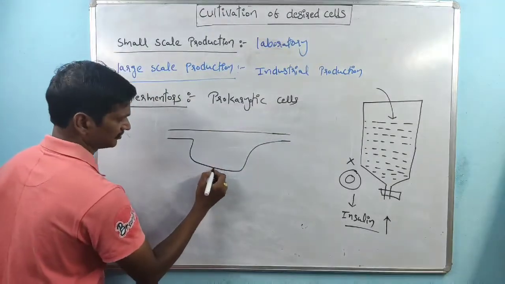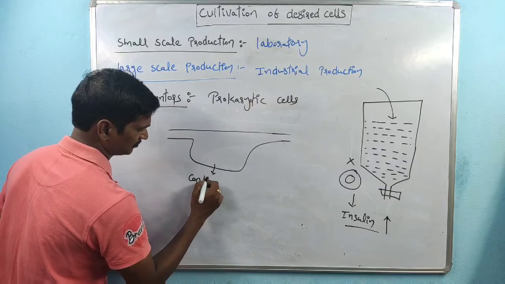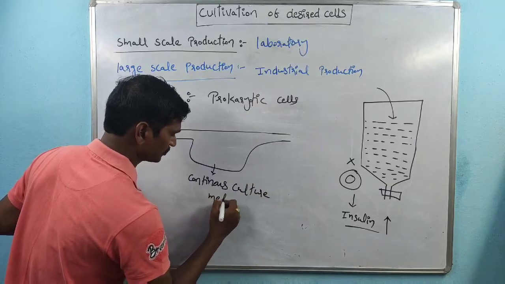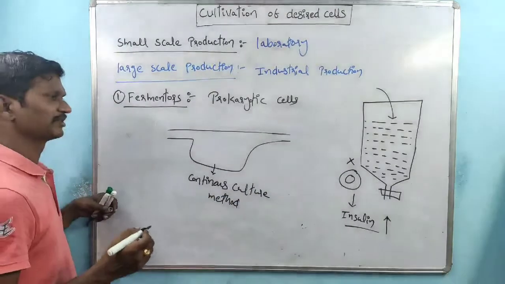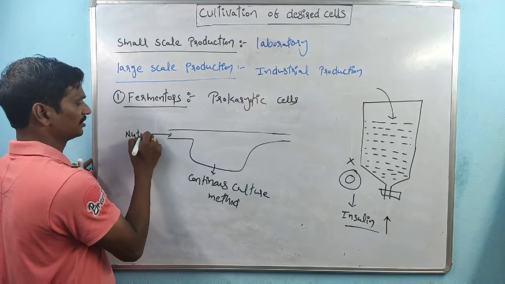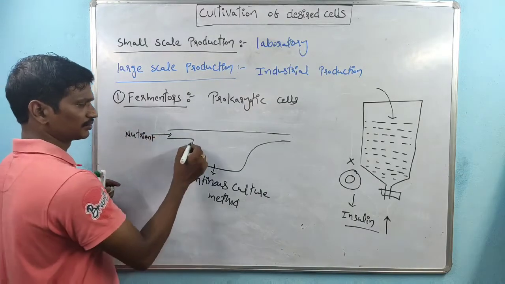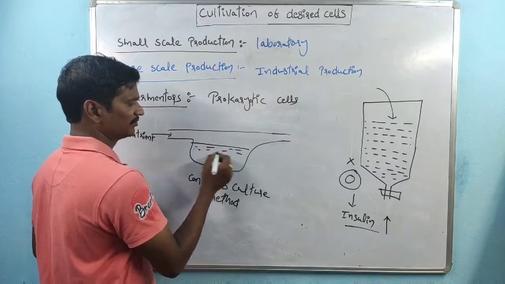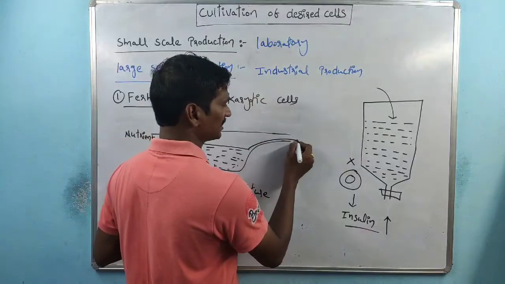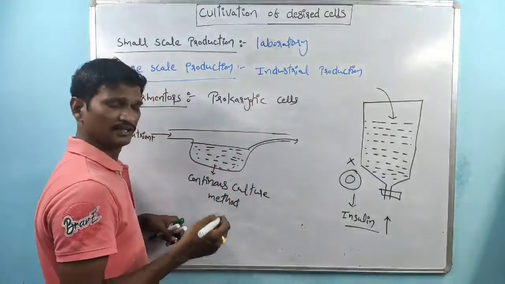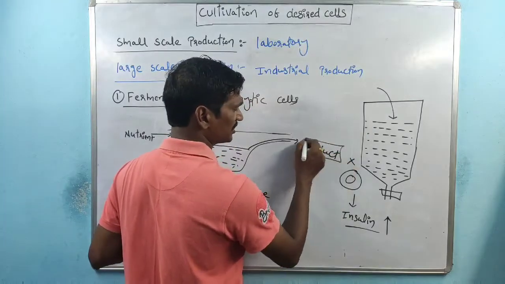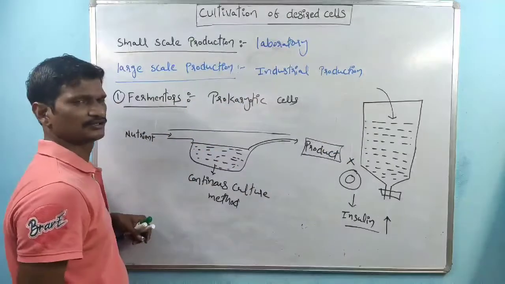In the continuous culture method, we are continuously adding the nutrients. Here nutrients are present, and at the same time our desired cells are also present. And we are continuously collecting the cells also.